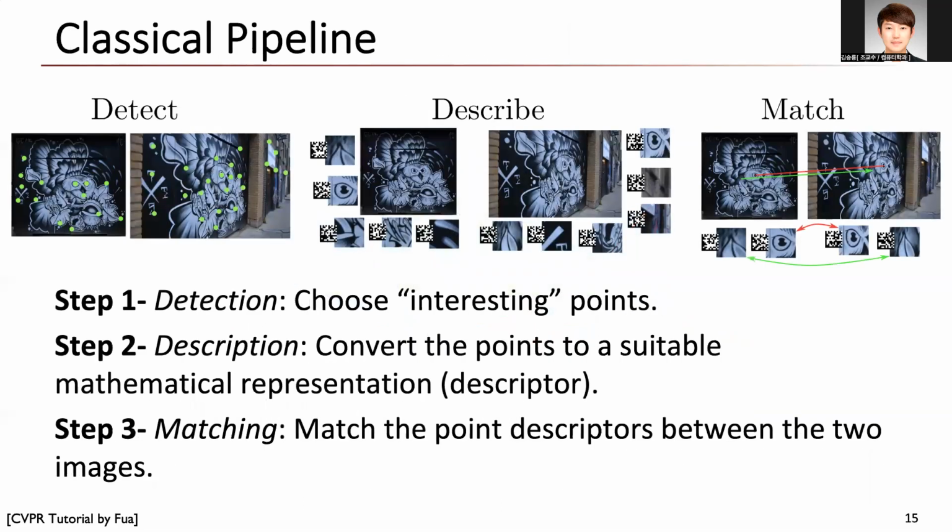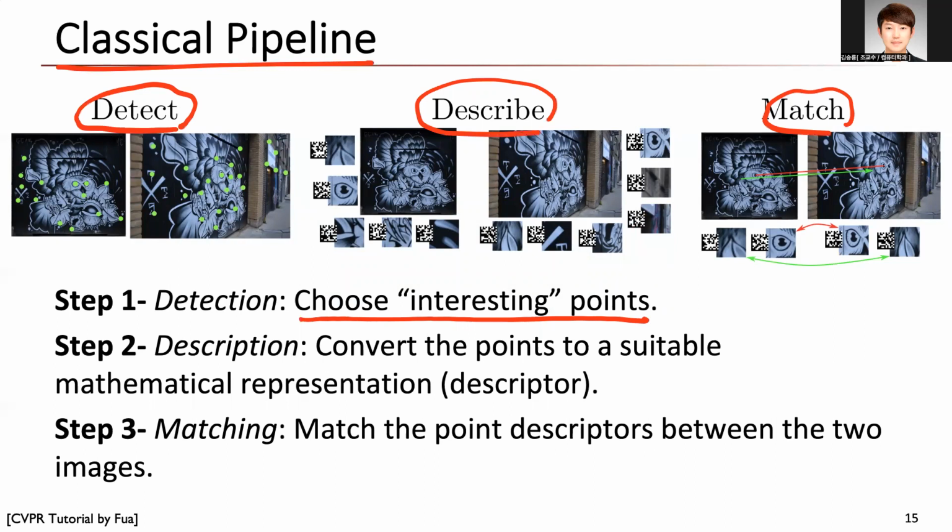Then how can we do that? How can we find the correspondences? The classical image matching pipeline follows 3 steps: detection, description, and matching. In step 1, the detection step, we have to choose interesting points. Interesting point means something like this.